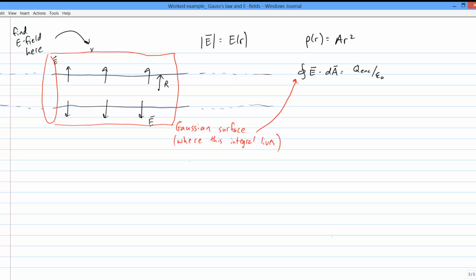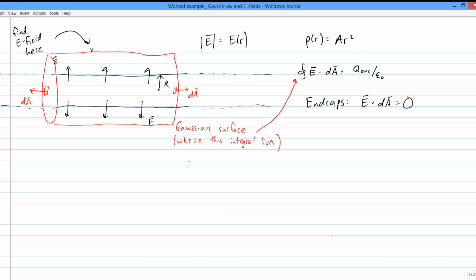With the surface drawn as so, the differential area vector at any point on the end caps points along the axis. Meaning that out there, dA and E are perpendicular. And that means on the end caps, E dot dA is 0, and we can ignore those end caps forevermore.